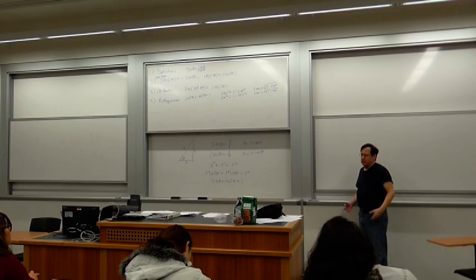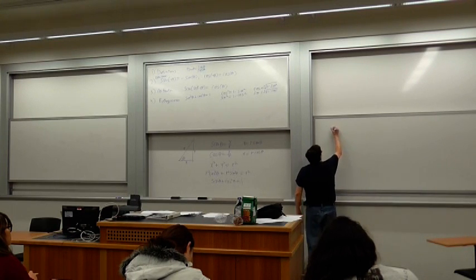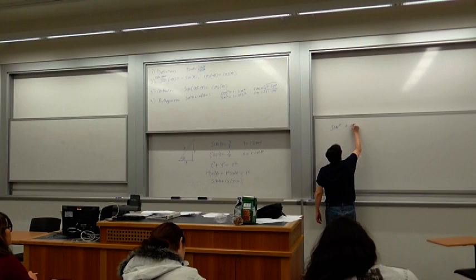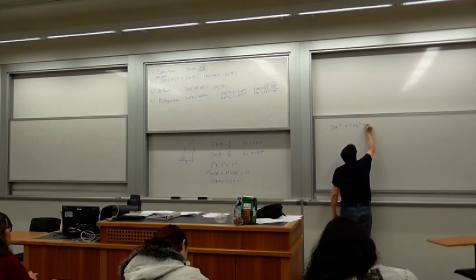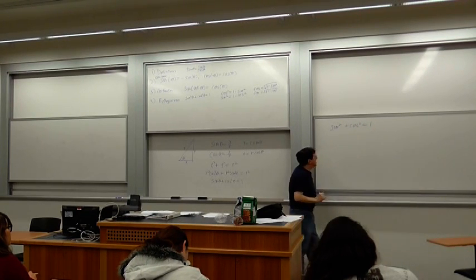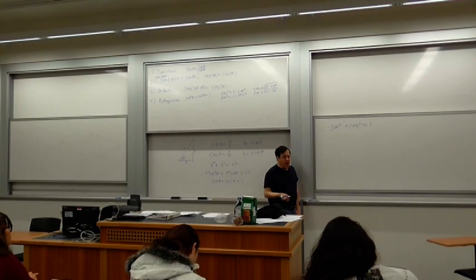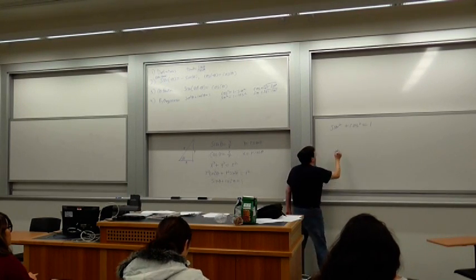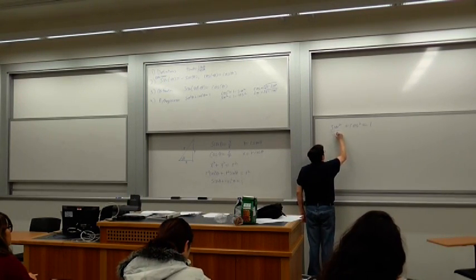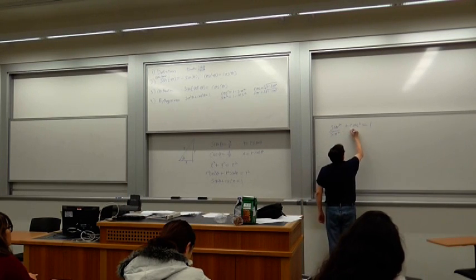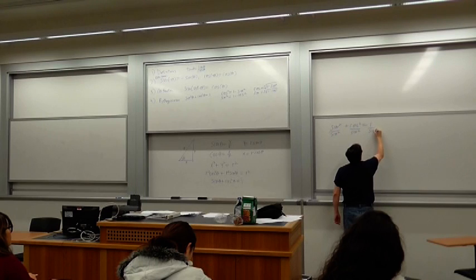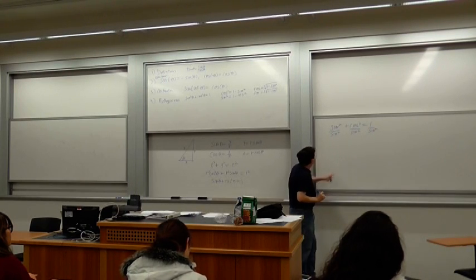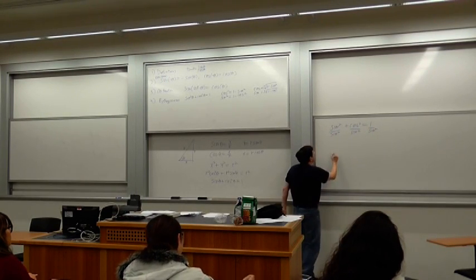So there's a couple other members of this family that you can get very easily. All right, let me show you how you do that. If I have sine squared plus cosine squared equals 1, and if I divide by sine squared, well, this is 1.